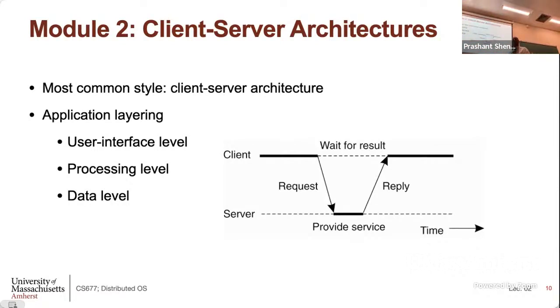In a client server architecture, as the name suggests, the distributed application runs on two types of machines. Some part of your application runs on a type of machine called a server, and the other part runs on something called a client. A server typically is the machine that is providing the service, and the client is the machine that's invoking the service.